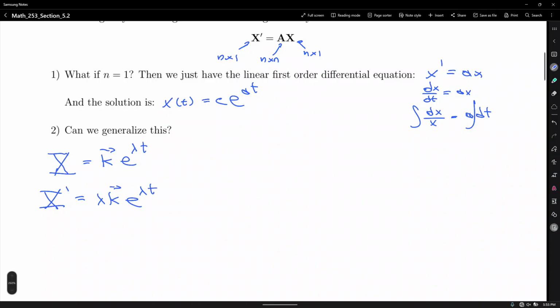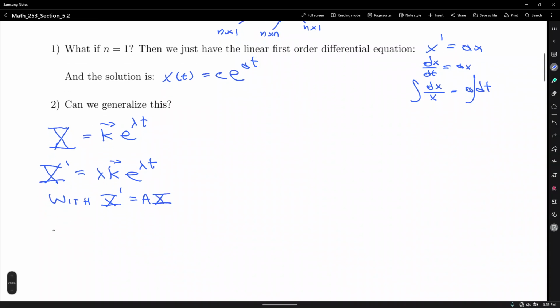Now substitute into X prime equals AX. So we have lambda K vector e to the lambda t equals A K e to the lambda t.